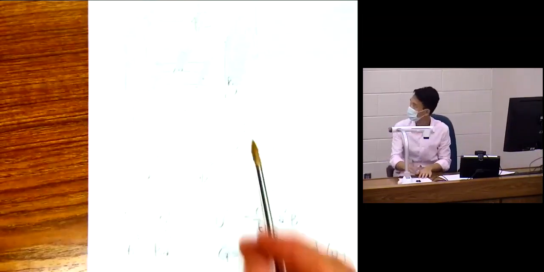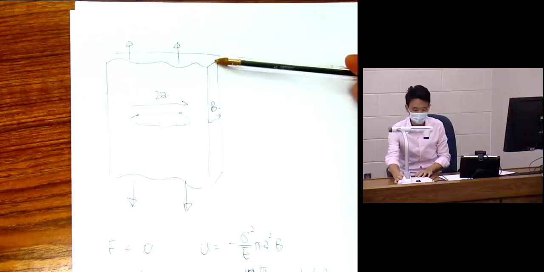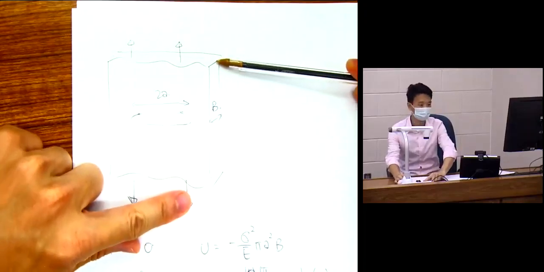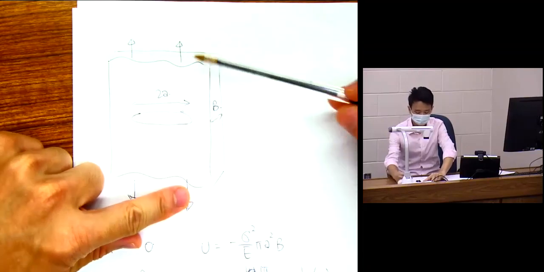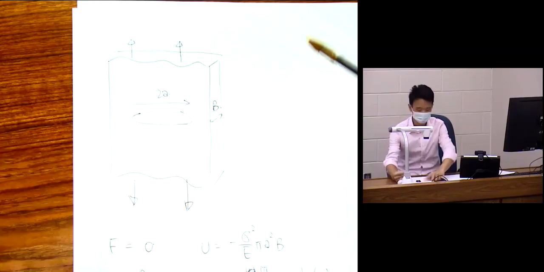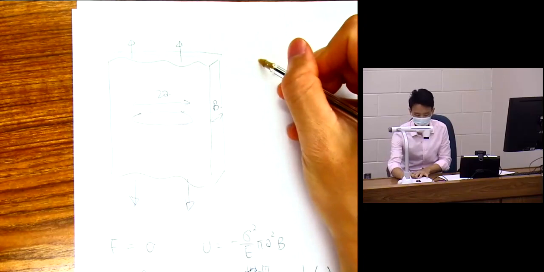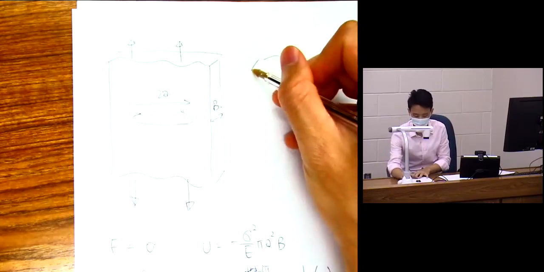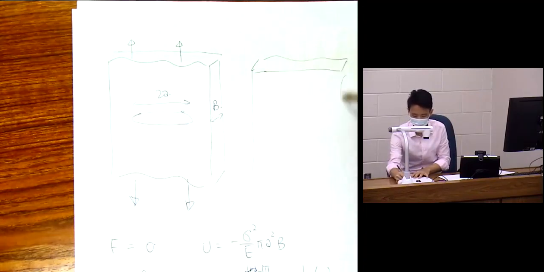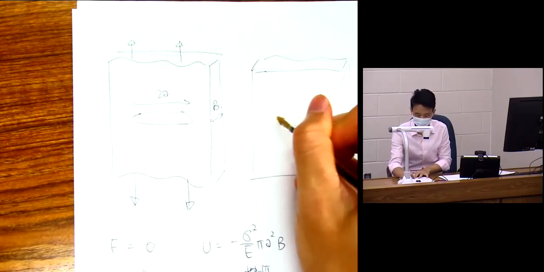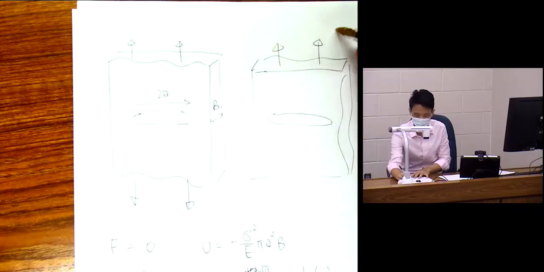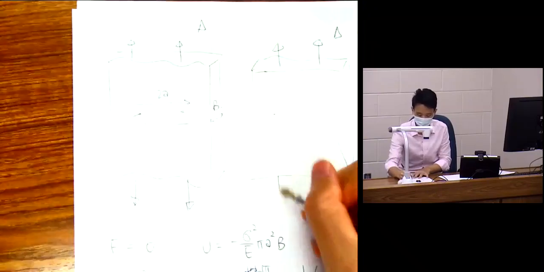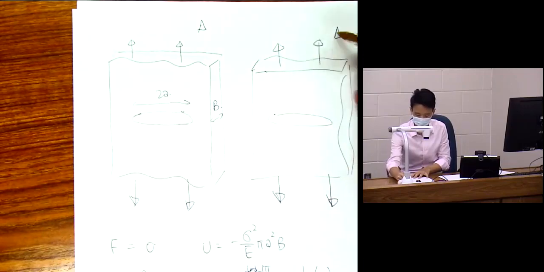In this experiment that Griffith did, he fixed the displacement, and he made many different copies. If you remember, a crack that is slightly larger, and then applied the same displacement onto the material.